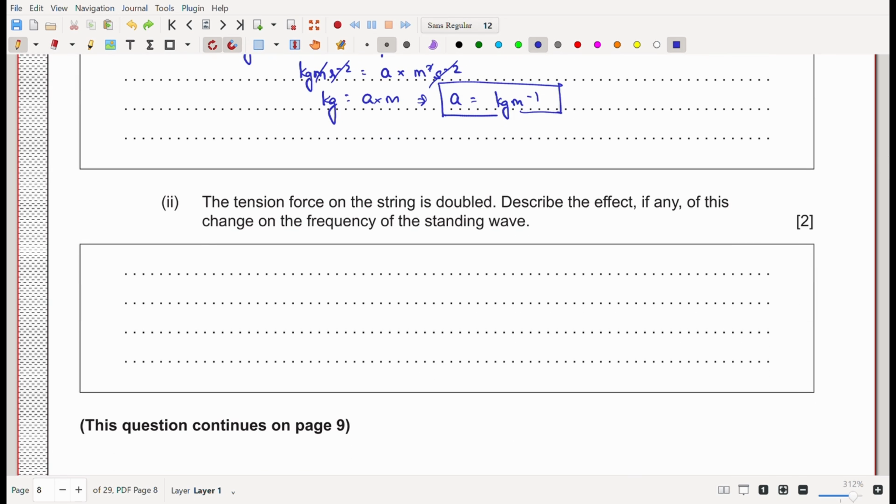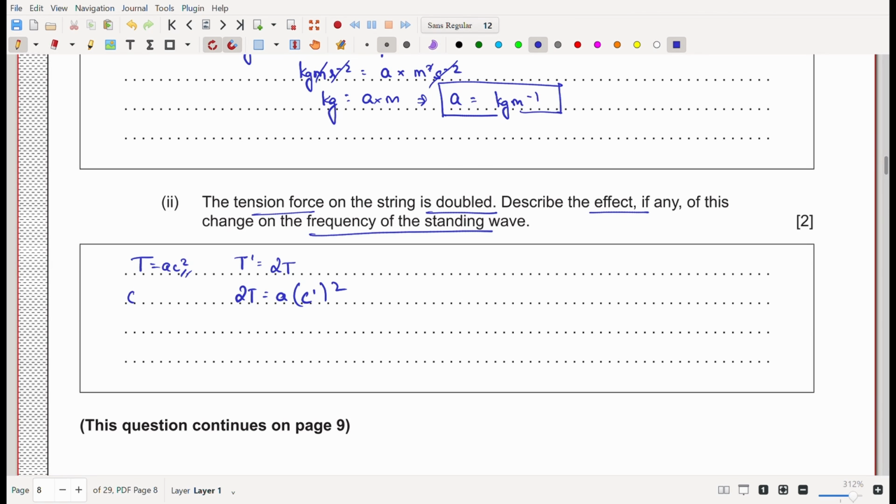The tension force on the string is doubled. So T is equal to A c squared, T dash is equal to 2T. Describe the effect, if any, on the frequency of the standing waves. Now, if you guys remember, since this is c squared, 2T is equal to A c dash whole squared.